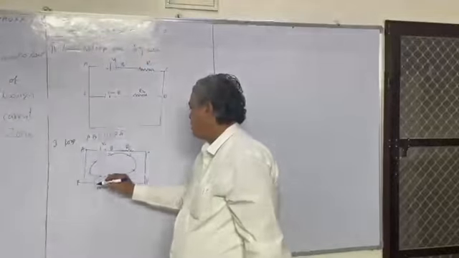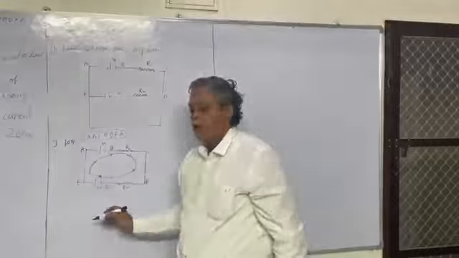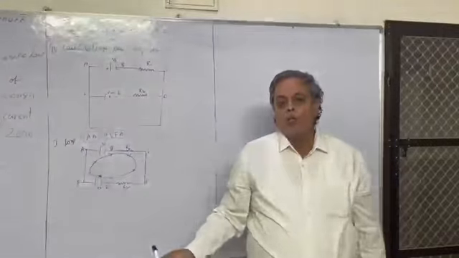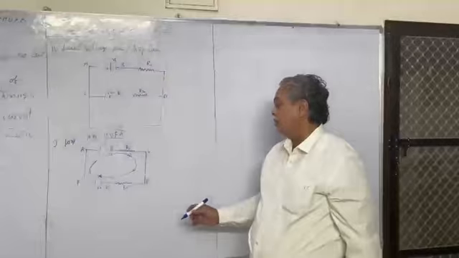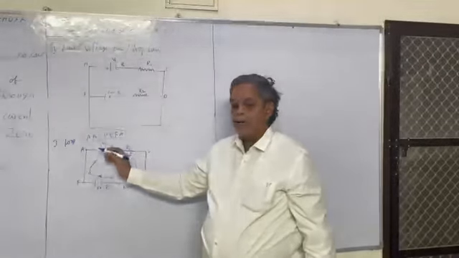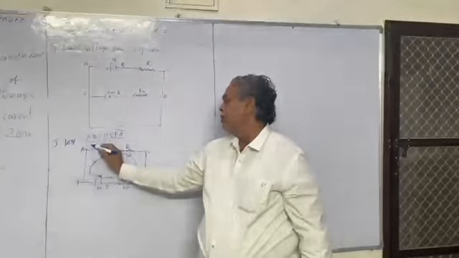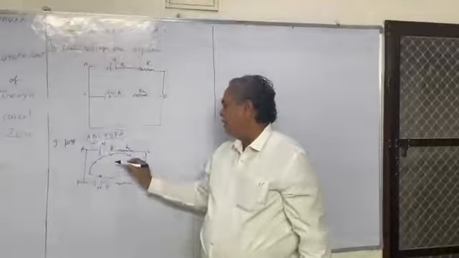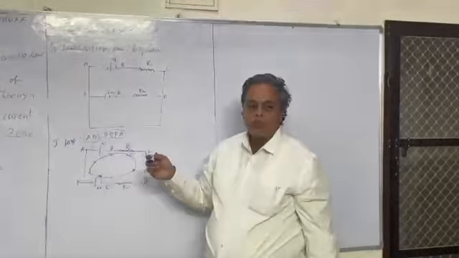You will have to draw it in this way. In the battery, what is the mark? Here I is there. Anti-clockwise. Here see, here the current I, I mark which side it goes.